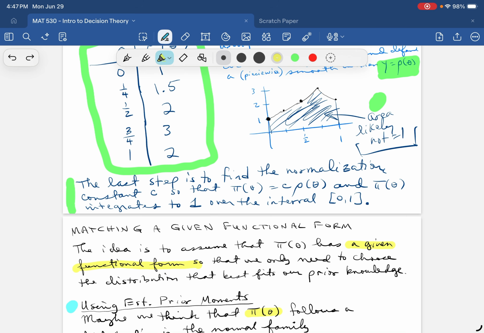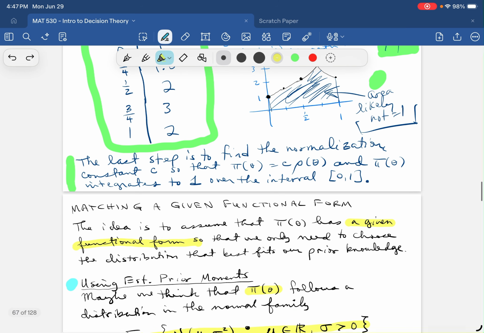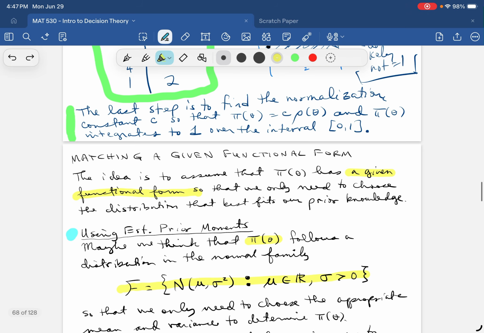In those cases, those parametric families, we just need to determine the appropriate values for the parameters. So we assume that pi of theta has some given functional form. Perhaps the family that we're considering is a normal family like you see there. Then that is a 2-parameter family, and we just need to determine what those 2 parameters are.